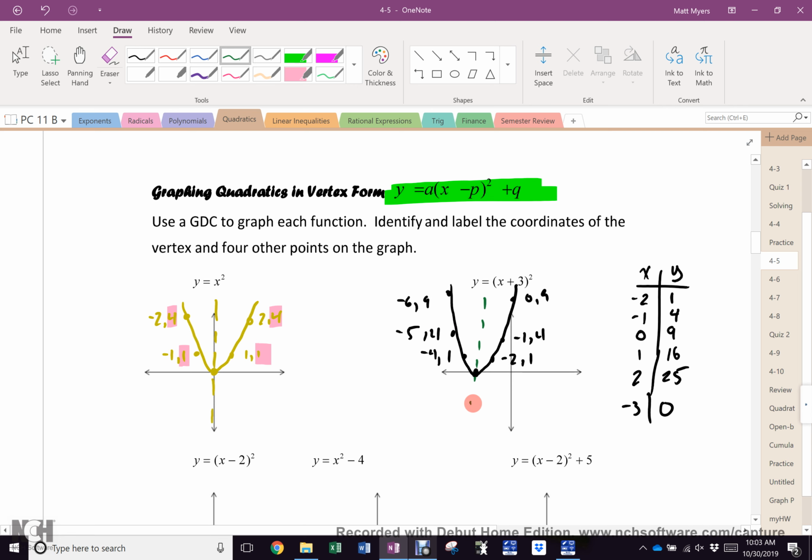Now, look closely. What would happen if I took this black parabola and I slid it over here? It would be the same, wouldn't it? So what happened to those two equations? What are the similarities between those two equations?